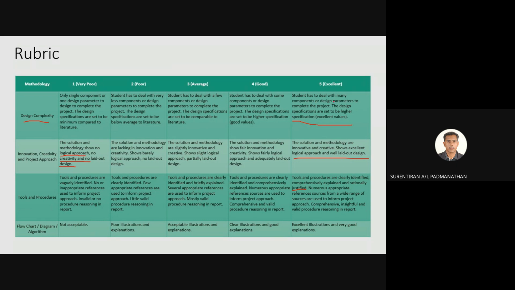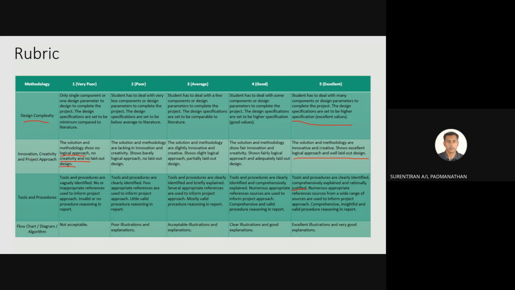The student has to deal with many components and design parameters to complete the project. The design specifications are set to be higher specifications. This is considered excellent. For poor, there is only a single component or one design parameter to complete the project. So this is for design complexity.